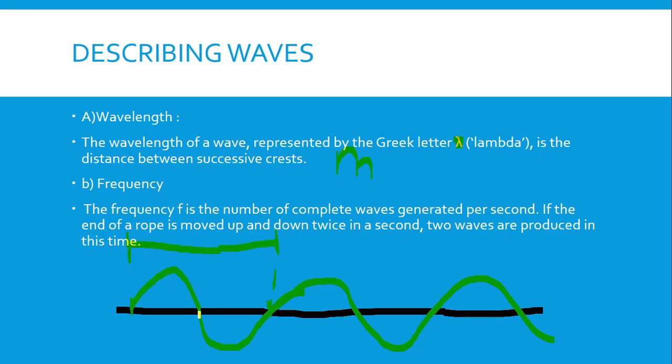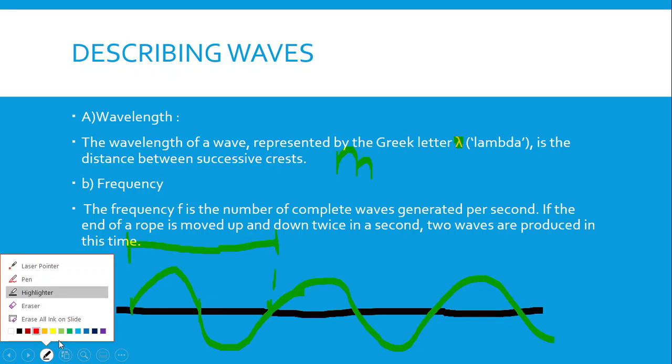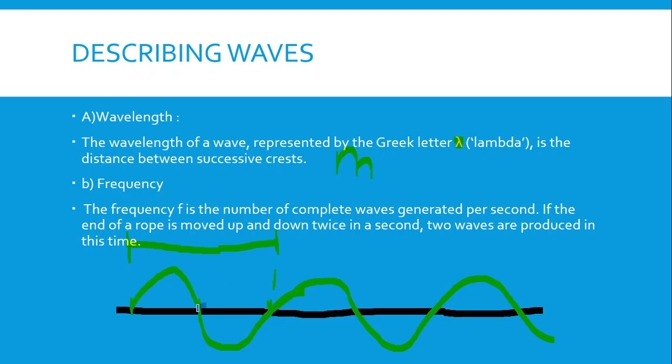Similarly, if you take the distance from the first trough to the start of the second trough, we can see that this distance also includes one crest and one trough.